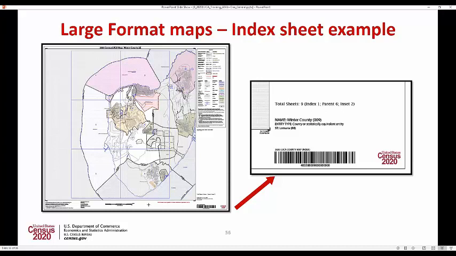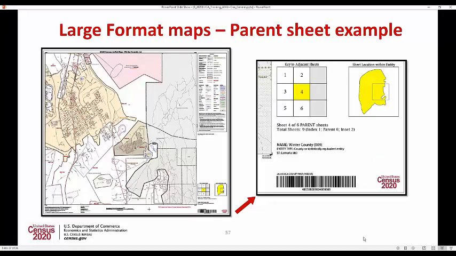And then each one, like here's number 1, here's number 2, 3, 4, 5, 6. And then you get the smaller sheets. Each one of those, let's go back.